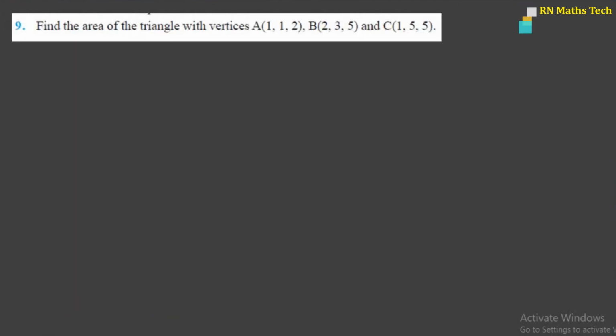Now the ninth one: find the area of the triangle with given vertices (1, 1, 2), (2, 3, 5) and (1, 5, 5).